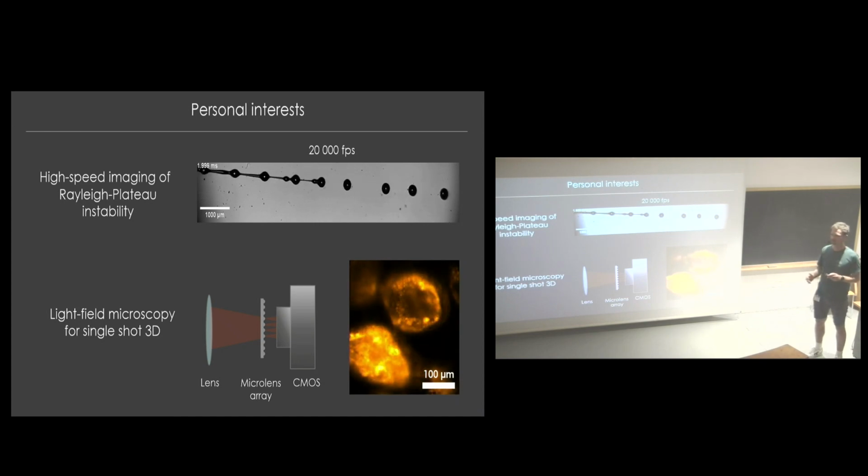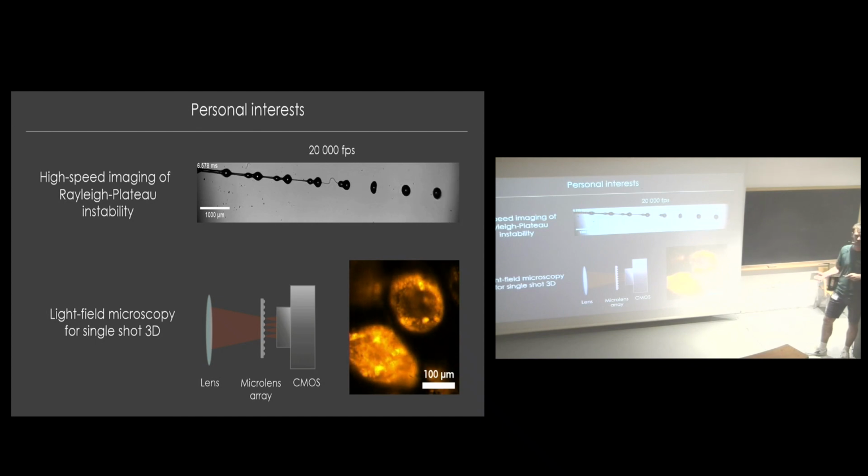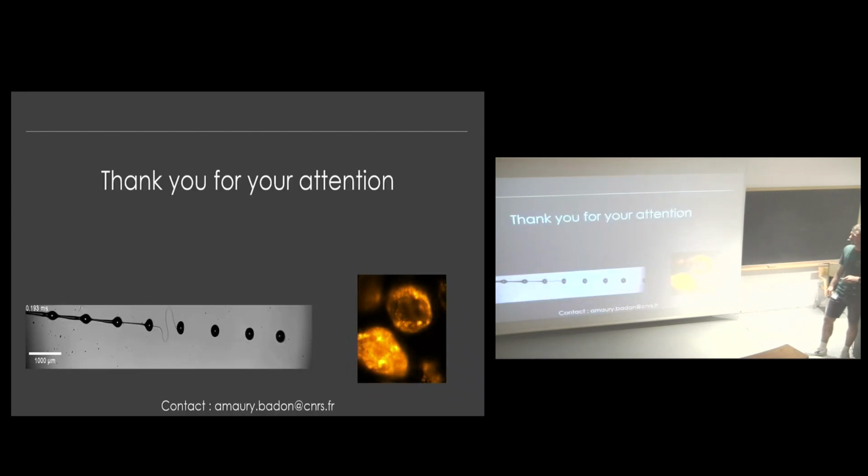Then you can do some interesting computing to extract different perspectives on your sample to perform some pseudo 3D in a single shot. So this is some cyst of stem cells, for instance, that are taken in a single shot, and then we can do some 3D imaging on it. And thank you.